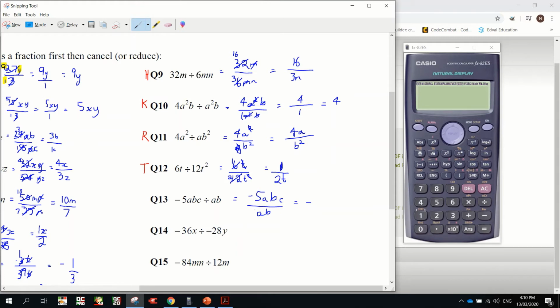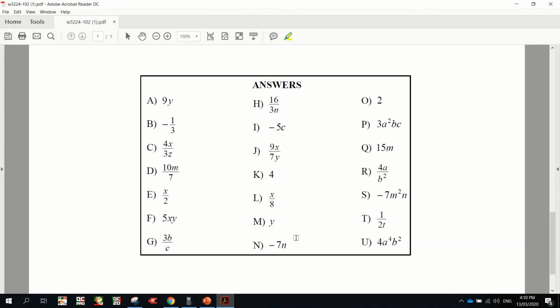There's no numbers there to cancel out in the bottom, so we'll move on to the letters. Let's get rid of A and A. There's a B in the top, B in the bottom. So what are we left with? 5C. Let's have a look if -5C's there. There it is, I.